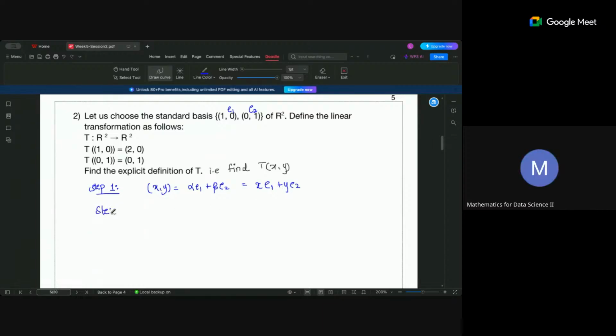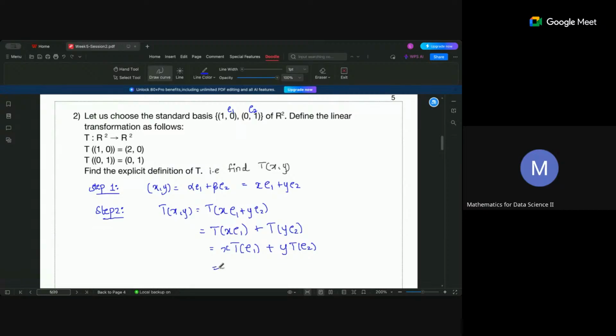So next, step 2, we are applying T on both sides of this expression. So T of x comma y is T of x e1 plus y e2, right? Then you can use the linearity condition and split them: T of x e1 plus T of y e2. Now x and y are just real numbers, so you can bring them out: x times T of e1 plus y times T of e2.